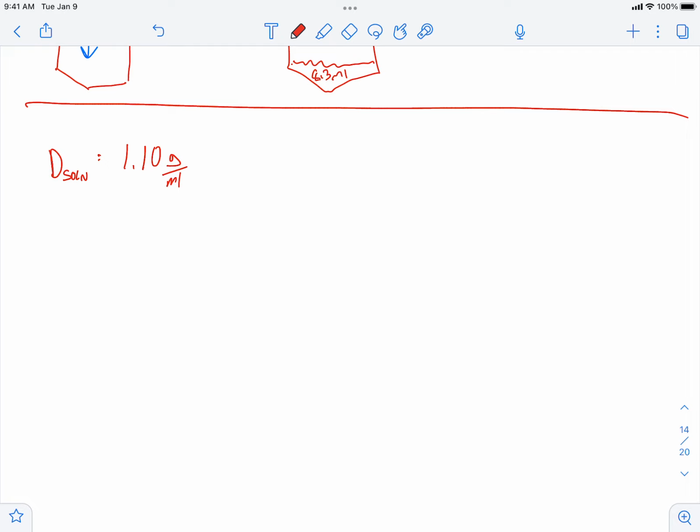And let's say that the solution is 5% NaBr by mass. I want to know what the molarity of this solution is.